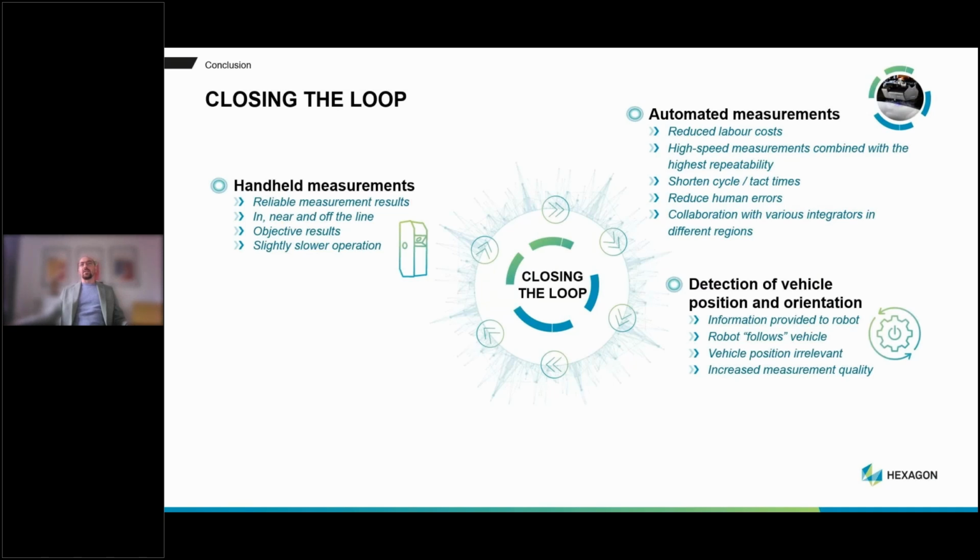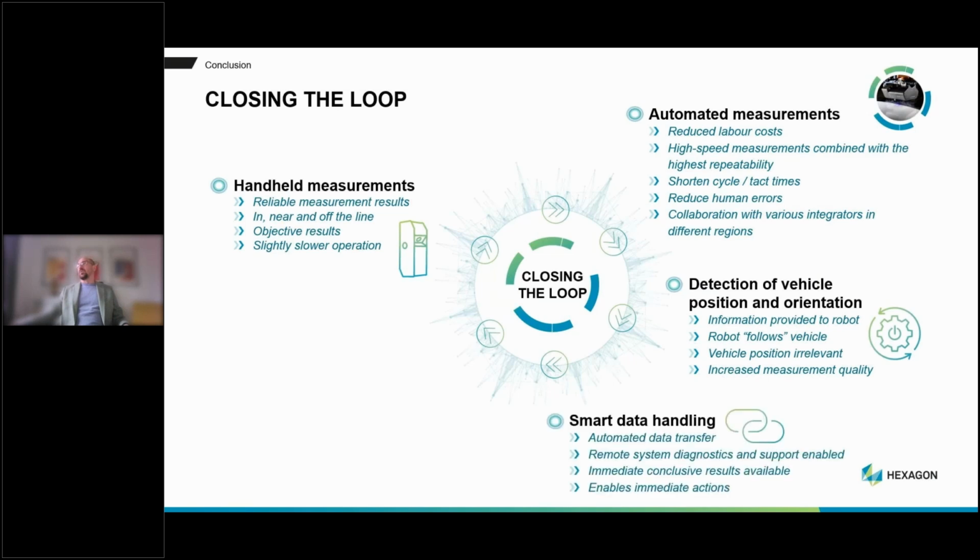We can detect the vehicle position and orientation. So it doesn't matter if the car is stopped or if the car is moving on a belt, we can help you with the vehicle position. So we can make sure to measure autonomous in each and every production step, doesn't matter if stopped or moving. We help with the data handling, so automated data transfer, remote system diagnostics and support.